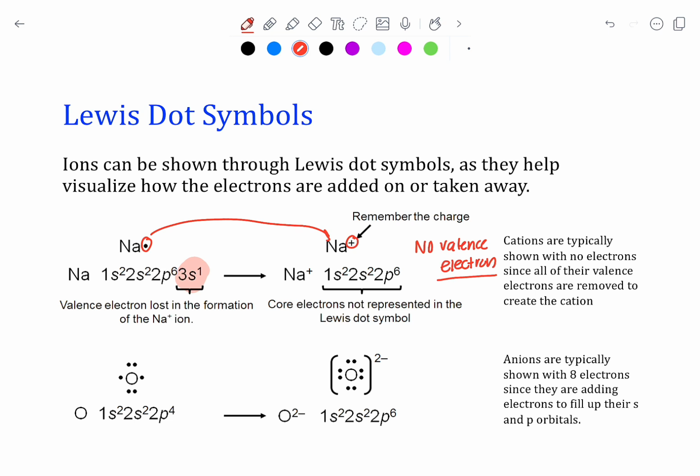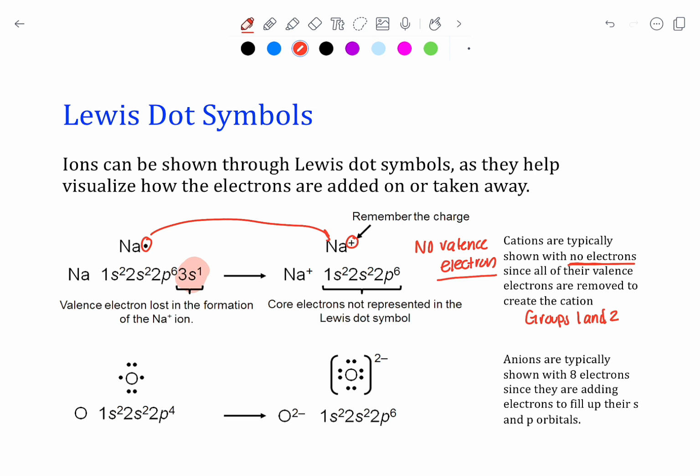You always have to show the charge to show that it is an ion. That charge will also tell you how many electrons were taken away. So cations, when we're showing their Lewis dot symbol, are typically shown with no electrons because all of their valence electrons are removed in order to create the cation. This is specifically true for groups 1 and 2.